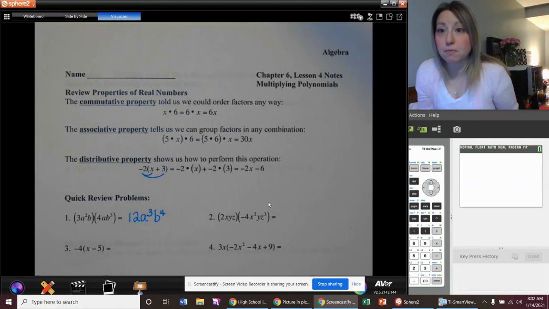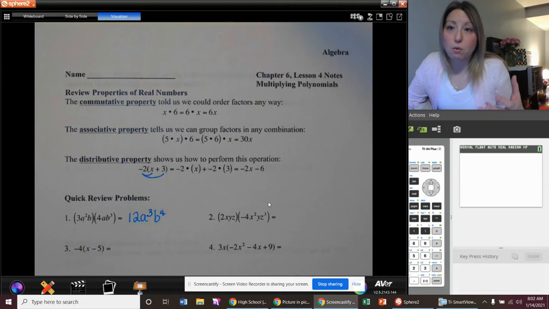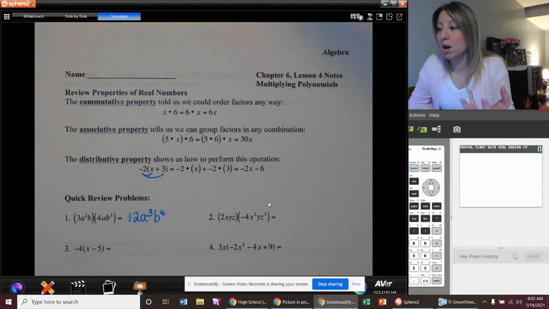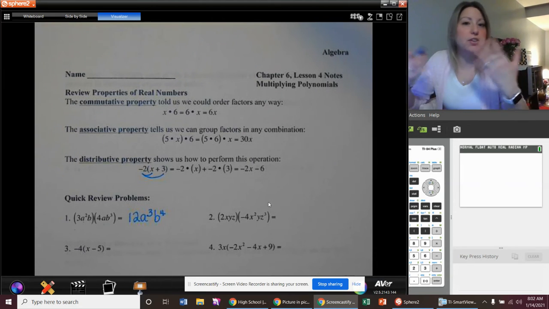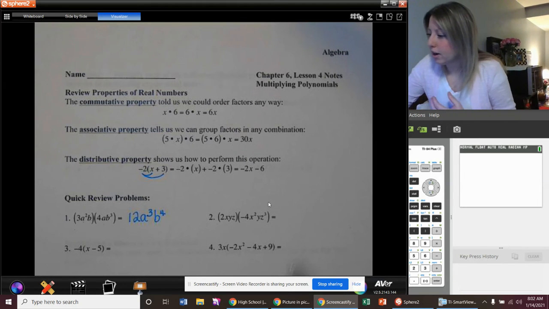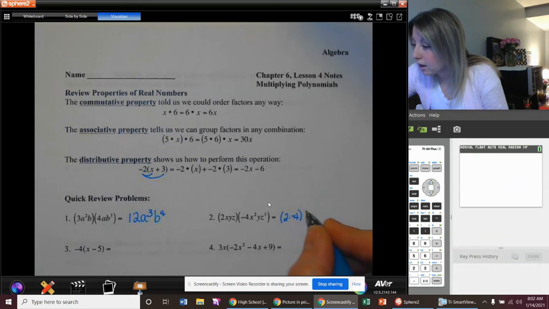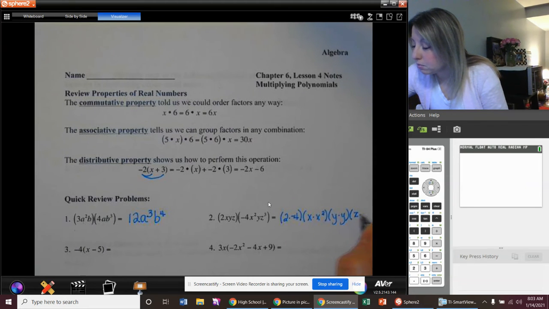Number 2, same deal. Group the numbers together. Notice I'm not rewriting that work part. I can if that's what I need to do, but you don't have to, because you should have practiced this so much in past years that it's becoming, oh yeah, I've done this, it's fine. So if you need to, go ahead, group them as 2 times -4, and x times x squared, and y times y, and z times z cubed.